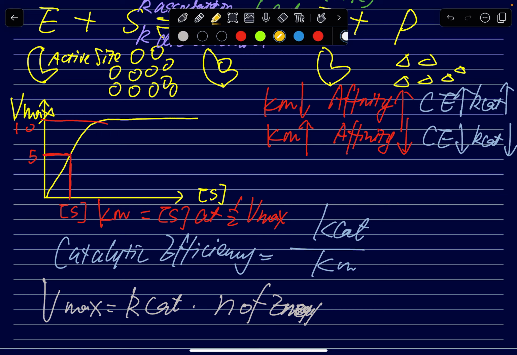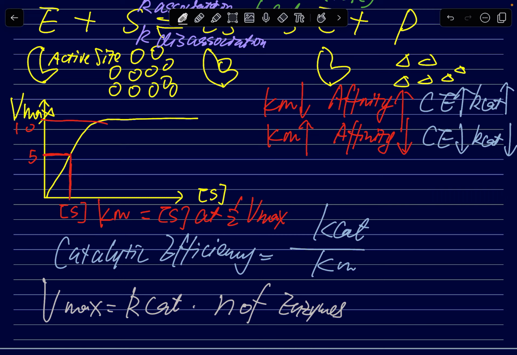Oh, excuse my handwriting. I've never seen this in my biochemistry classes, but this showed up on the MCAT. So as the number of enzymes decreases, let's say in vitro, the Vmax will decrease as well.